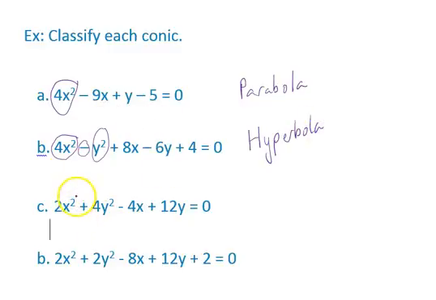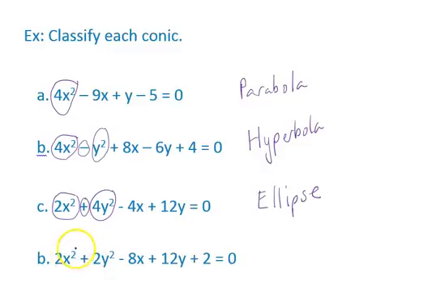In the third example, I have 2x squared plus 4y squared. The plus means it's either a circle or an ellipse, but because they have different numbers, it has to be an ellipse.